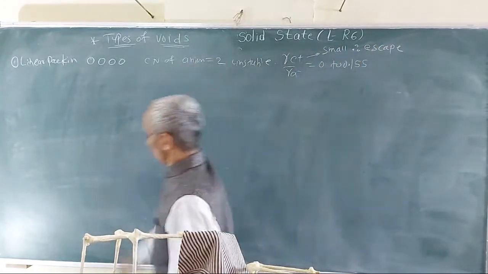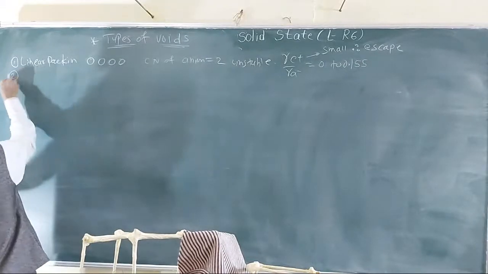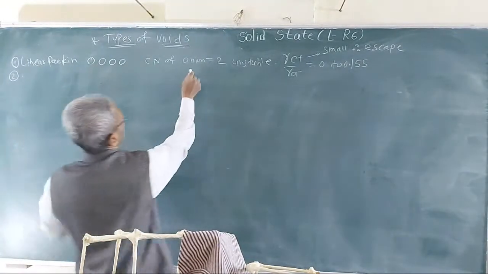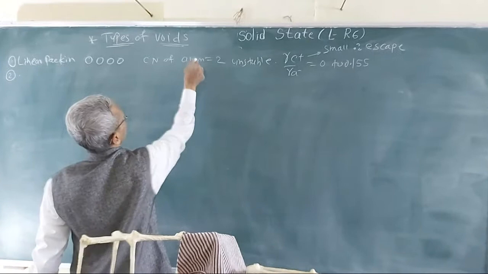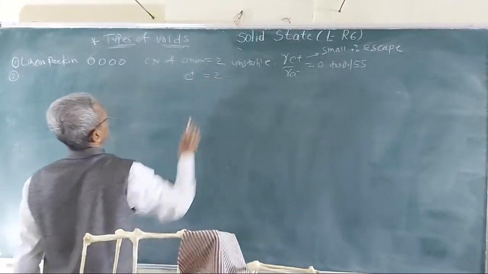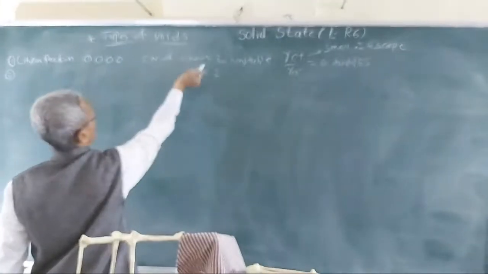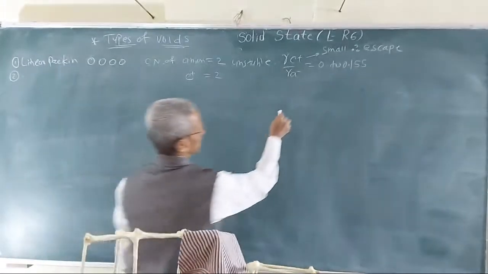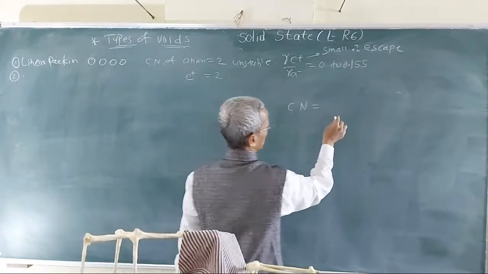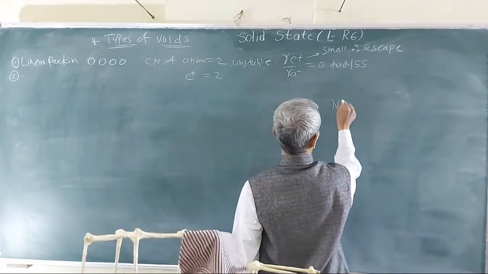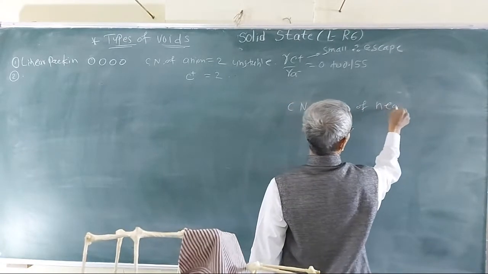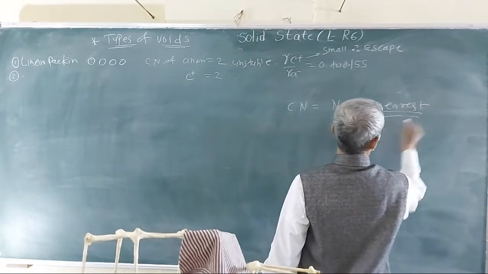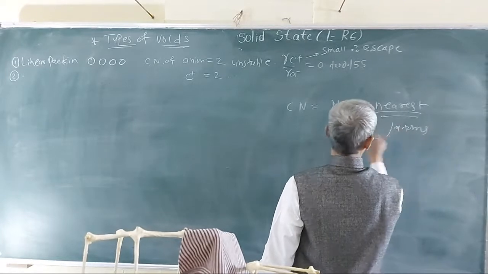Now consider here also the coordination number of the anion. What is coordination number? Coordination number is the number of nearest atoms or ions.